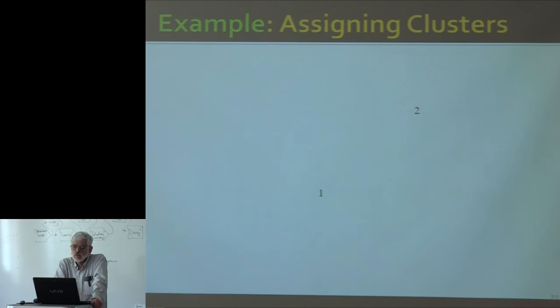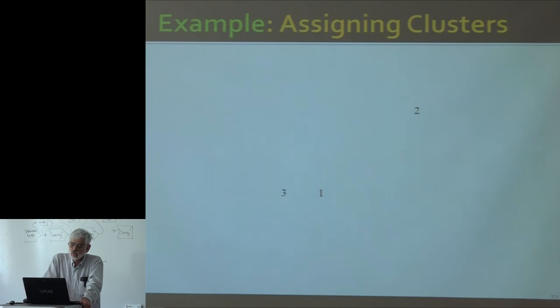So here's an example. I picked these 2 points as my initial seeds representing the 2 clusters. Third point comes in as closest to 1. Now, notice, because I've assigned 3 to this cluster, its centroid is now moved to here. Now another point, 4, comes in. That obviously belongs to this cluster.